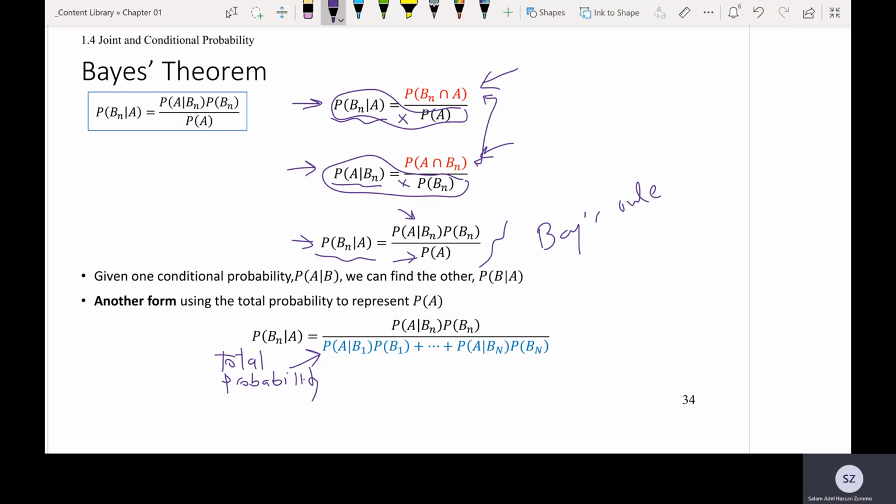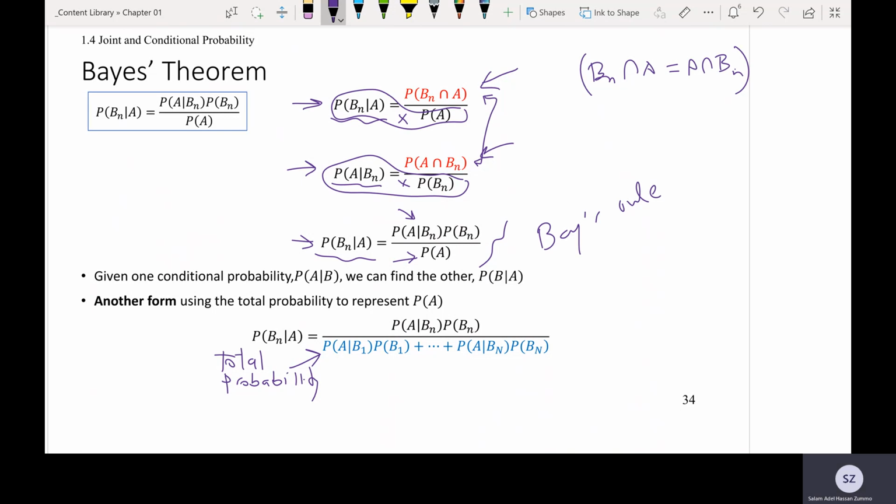Now we have said this already in set theory: Bn intersect A is the same as A intersect Bn. We said that, according to the properties of set theory, if you exchange the order, it doesn't matter. Same thing in meaning, right? So because of this, these two red things are the same.